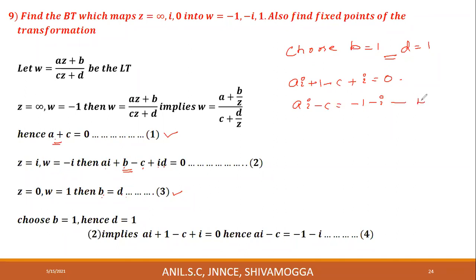Let this be equation number 4. Now solve equation number 1 and equation number 4. Equation number 1 is a plus c equal to 0, and this is ai minus c equal to minus 1 minus i. Add these two equations and simplify. You do that part.